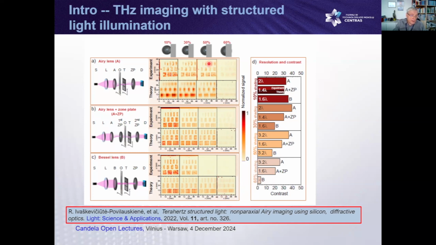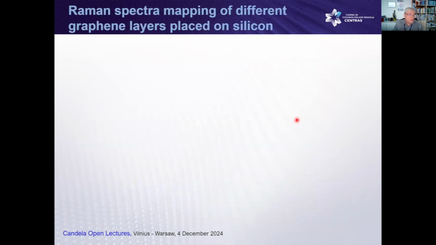And if you see 50% coverage, we still can see the pictures. So in fact, this Airy beam has good options. No big change, no essential change, I would say, in resolution because of self-healing properties. In fact, it's good. It can be useful for imaging from that point of view.